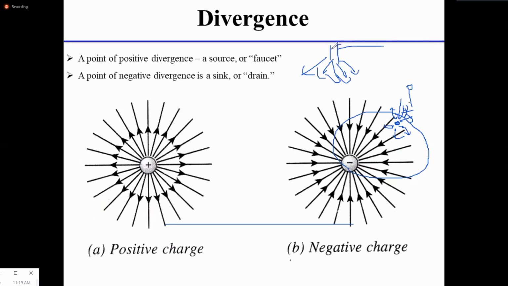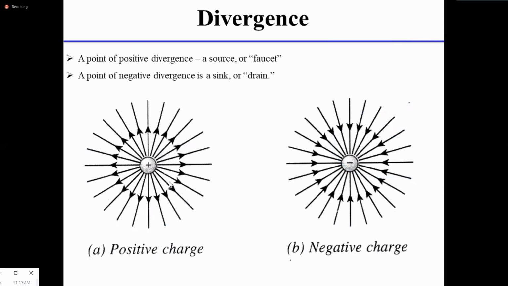So a point of positive divergence is basically a source or a faucet. Then a point of negative divergence is basically a sink, or a drain, like the point from which water goes out. So that has got a negative divergence.